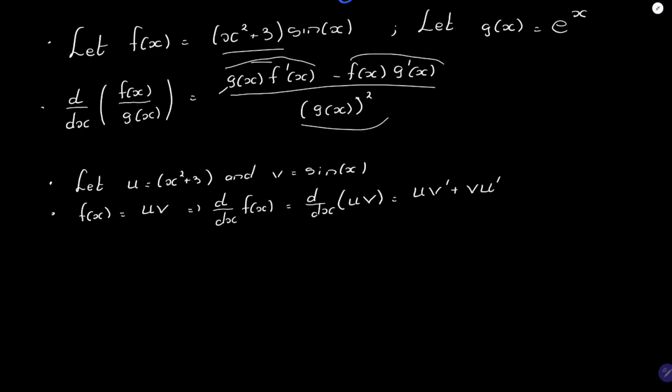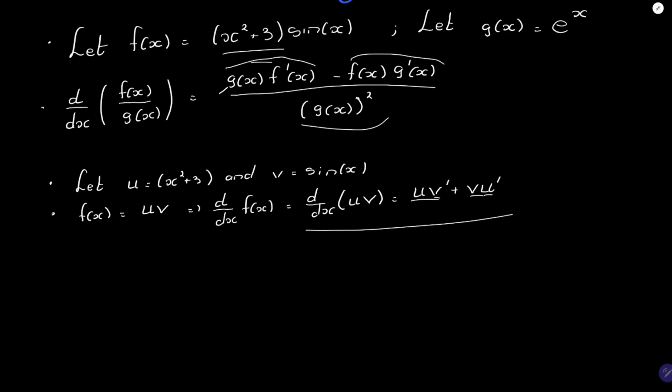So in this expression, we have two terms here, u dv and v du. But in our first term u dv, we don't yet know dv, and in our second term v du, we don't yet know du, which is the same thing as u prime.